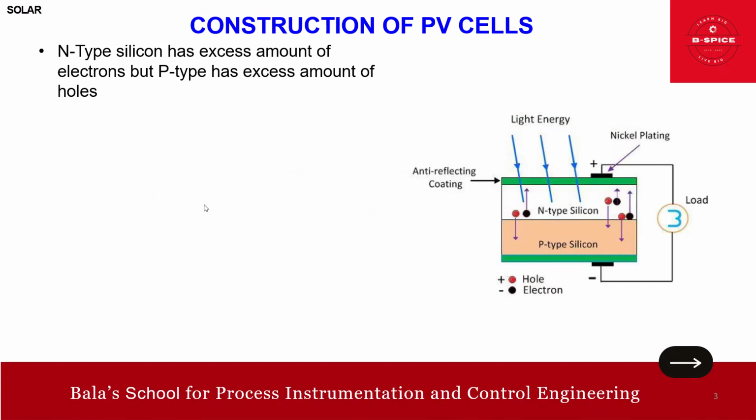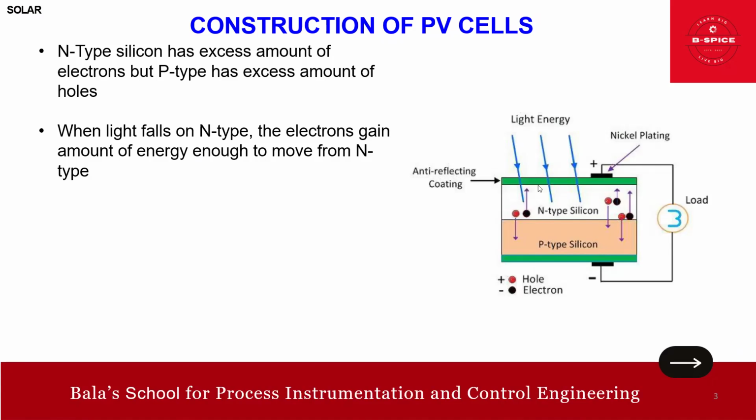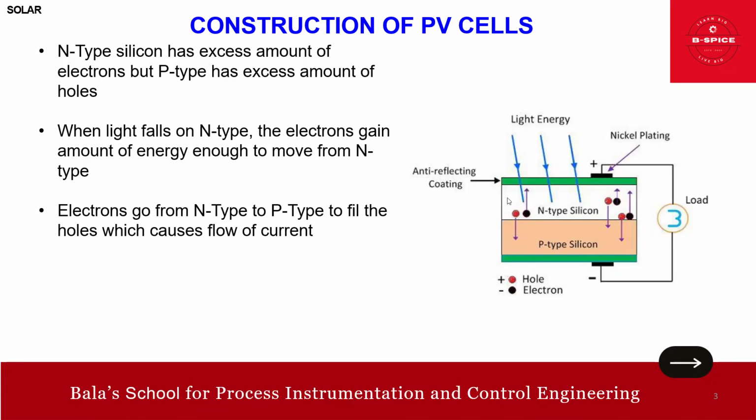This is negative charge. So when light falls on the N-type, the electron gains enough energy to move from N-type to the P-type. So electrons go from N-type to P-type to fill the holes. There is a positive charge which causes the flow of current. So that is the whole phenomenon, friends. Very simple, isn't it?